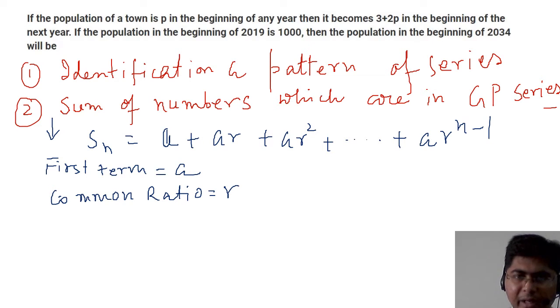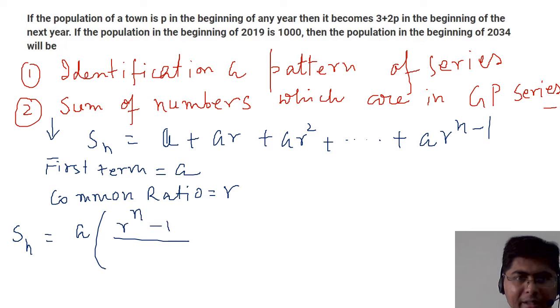R, right? So what will be the value of Sn? Sn means the summation of all the numbers in the GP series. It will become Sn is equal to A multiplied by, in a bracket I am just writing down, R to the power n minus 1, and the denominator should be r minus 1.